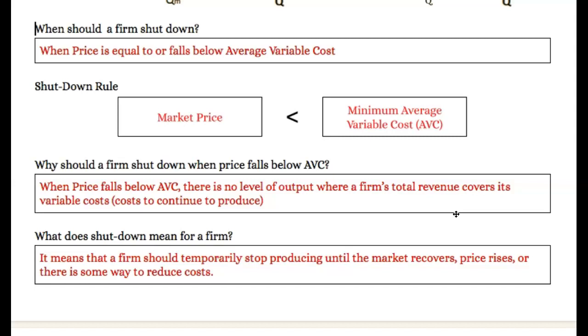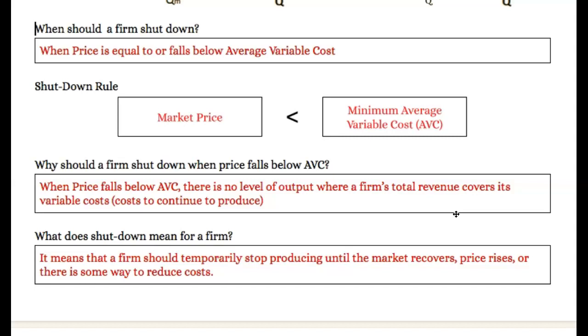So the shutdown rule is when your market price is less than your minimum AVC. If you can't sell your good for the average variable cost, don't produce it. Shut down.